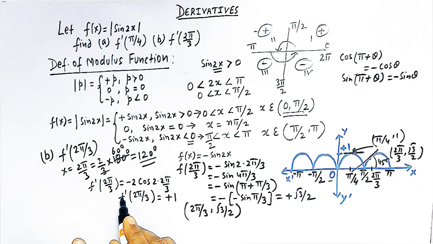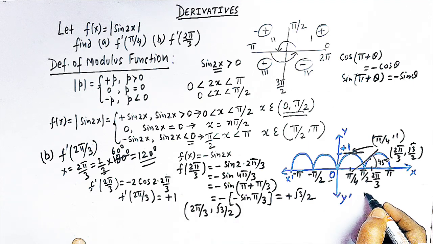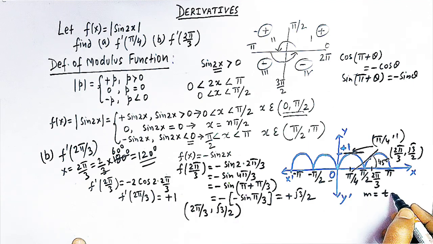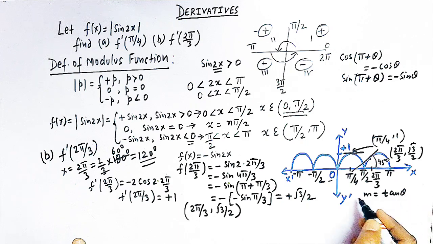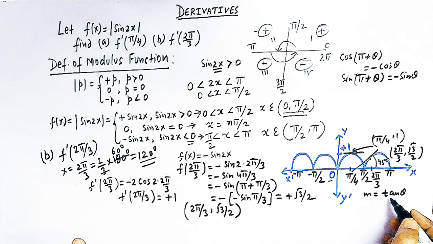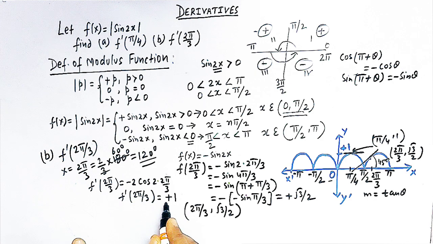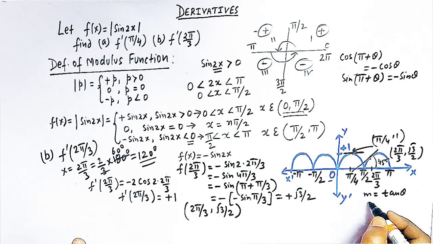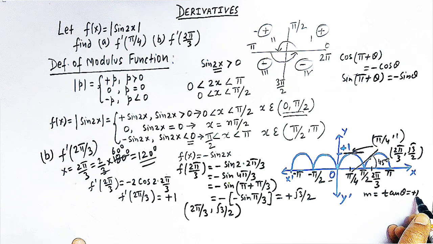And this angle should be equal to 45 degrees, because here the derivative is equal to plus 1, and we know that the derivative, that is the slope, m is equal to tan theta. Here the derivative is plus 1, so when tan theta is plus 1, theta should be equal to pi by 4.